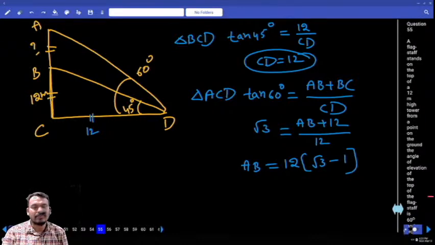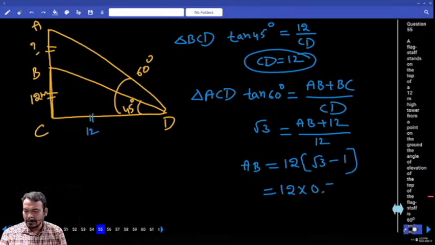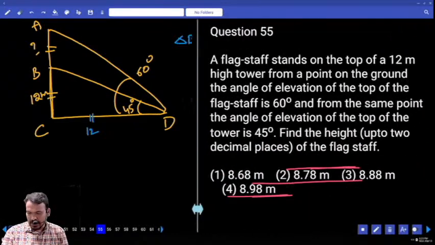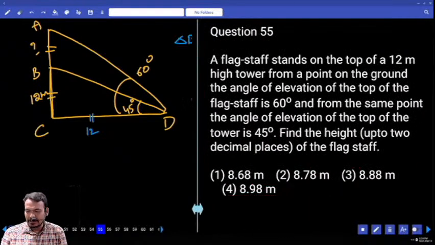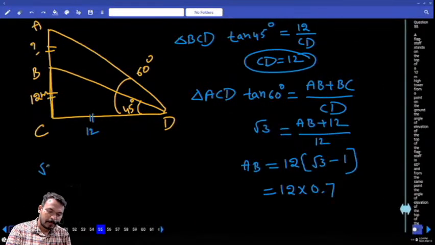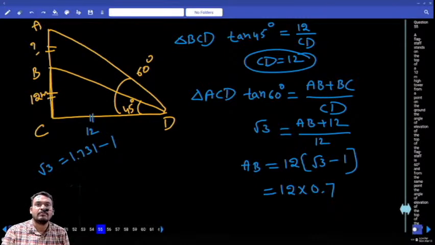Root 3 is about 1.7, minus 1 means 0.7, and 12 into 0.7 is 8.4 something. All the options are 8.4 something, so what is the root 3 value? 1.731 minus 1 is 0.731.